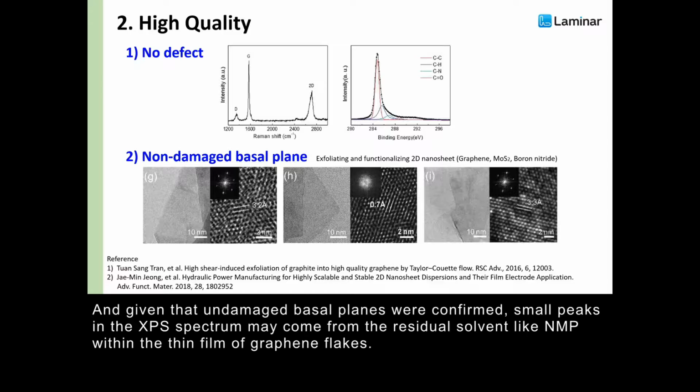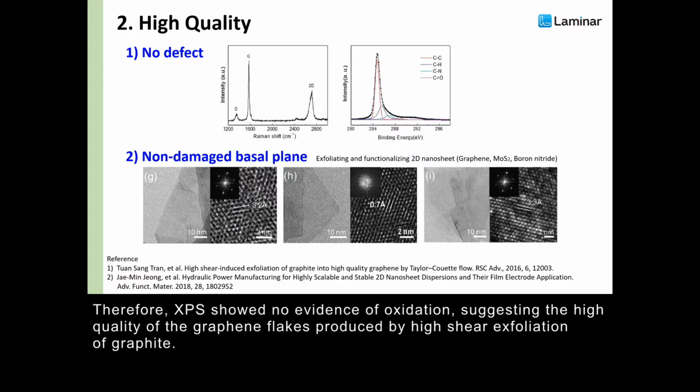And given that undamaged base planes were confirmed, the small peaks in the XPS spectrum may come from residual solvent like NMP within the thin film of graphene flakes. Therefore, XPS shows no evidence of oxidation, suggesting the high quality of the graphene flakes produced by high shear exfoliation of graphite.